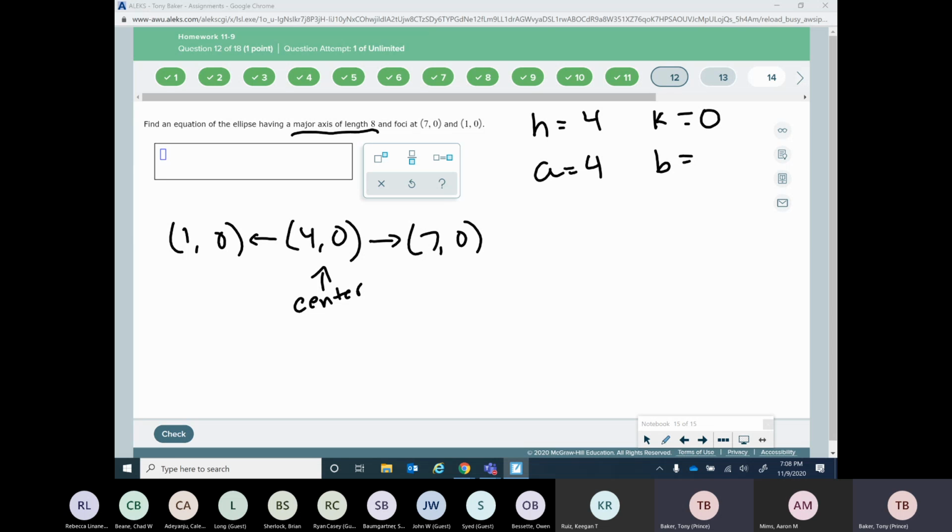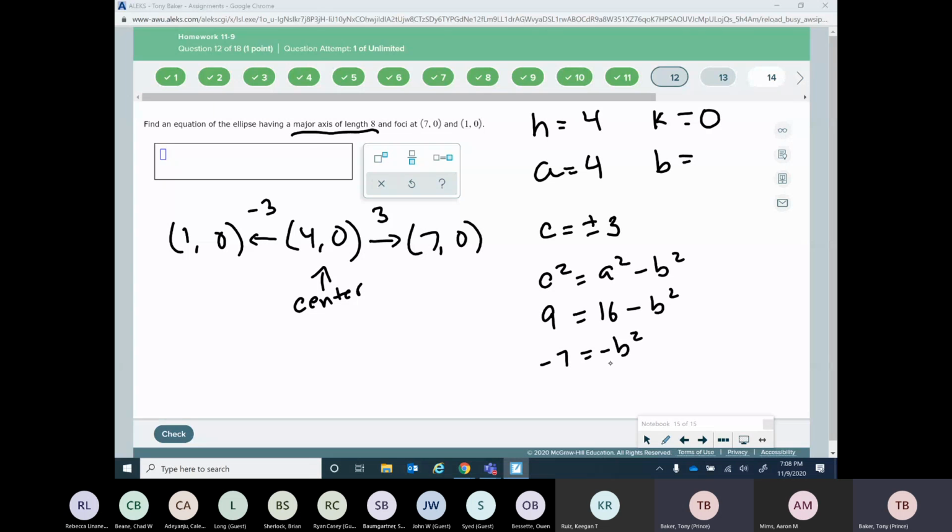Now your foci doesn't give you B, but it does give you C. So here I'm doing -3 and +3. So C is plus or minus 3. So I have C squared equals A squared minus B squared. So C squared is 9, A squared is 16. So I can subtract, and I get -7 equals -B squared.